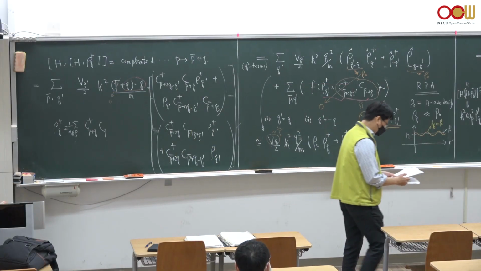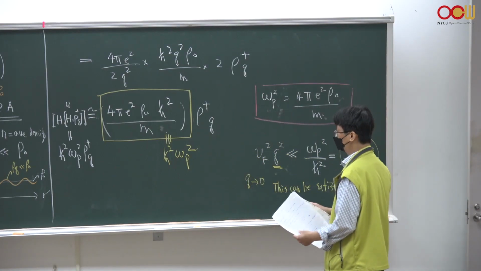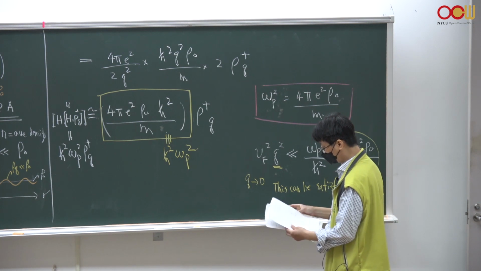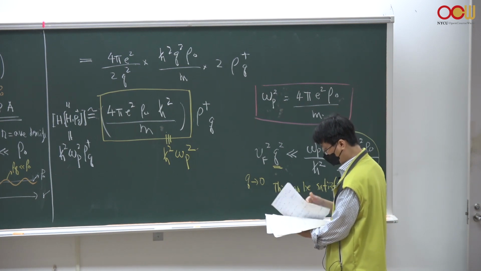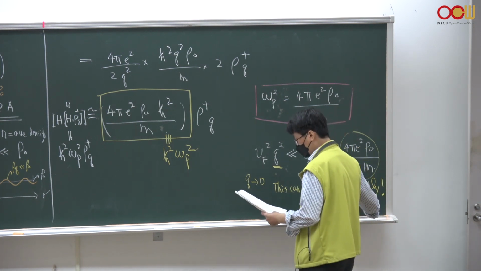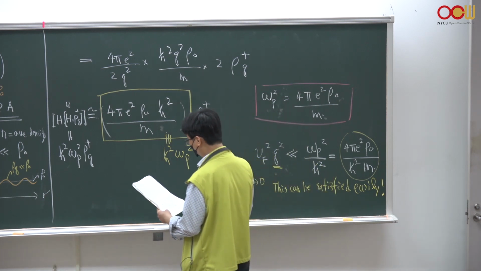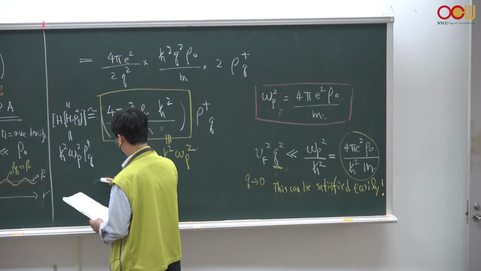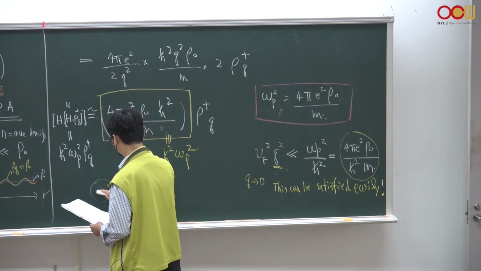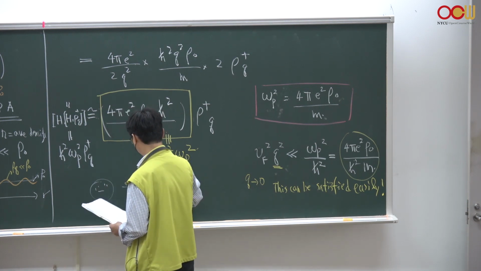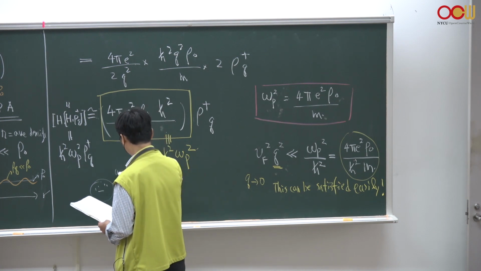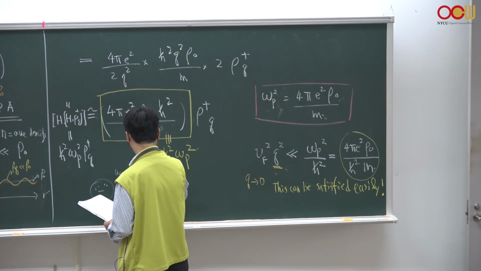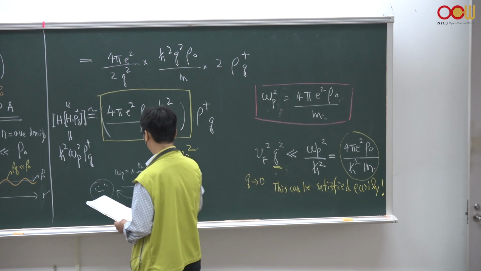Therefore, let me make this physical picture more clear. We have such density oscillations in solids, and we know that this is just a collective motion, right? So this is a kind of collective motion back and forth with the omega p, which is given by this rho 0 over m, some prefactor.